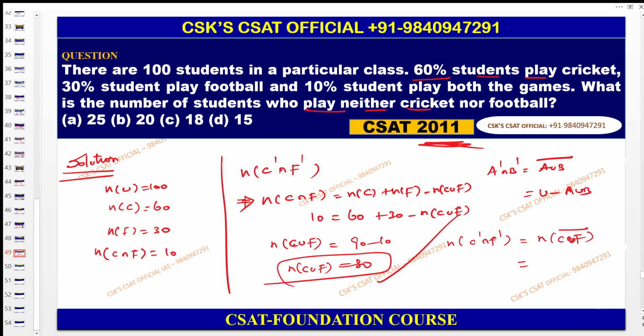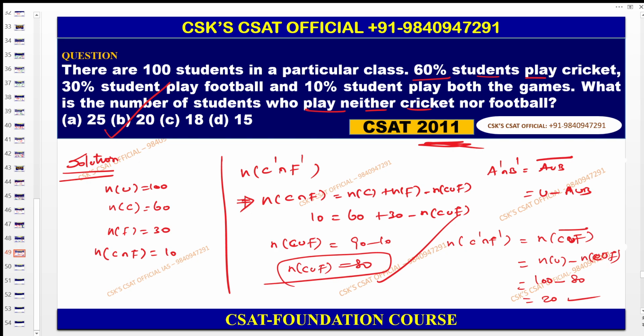So it is equal to n of U minus n of C union F. What is n of U? 100 total. C union F, you have just found as 80. So 100 minus 80 is equal to 20. 20 is the answer for this question: neither play football nor cricket. Understood?